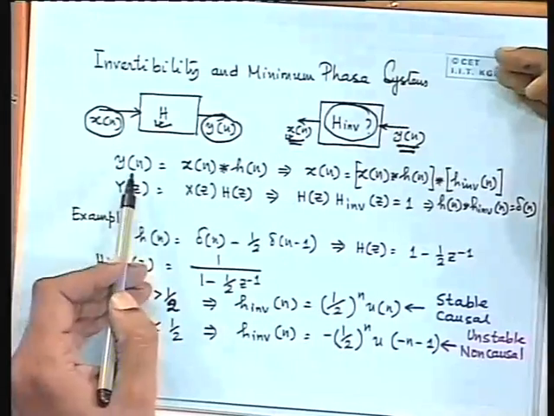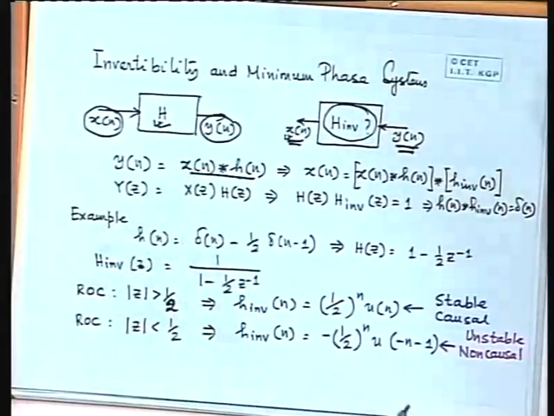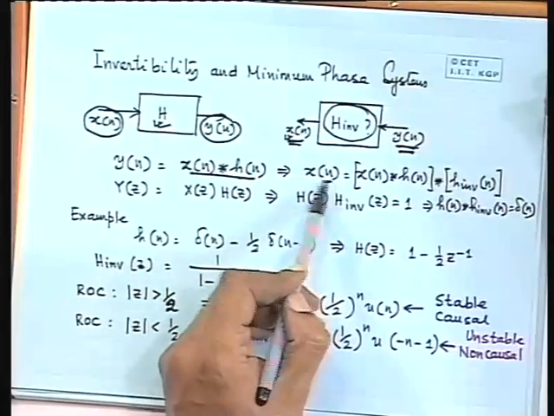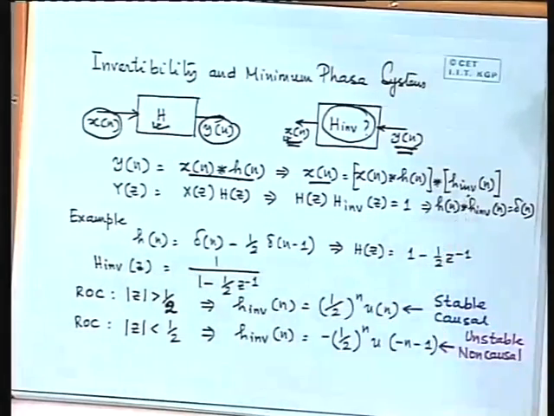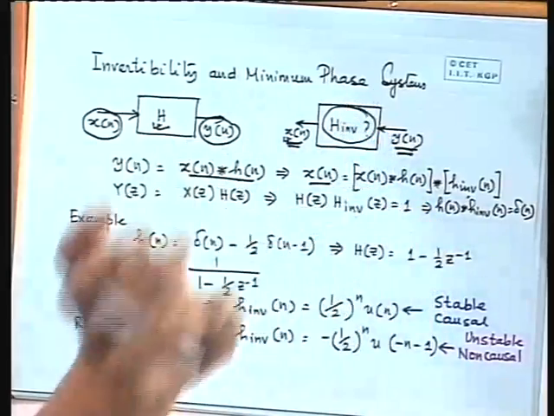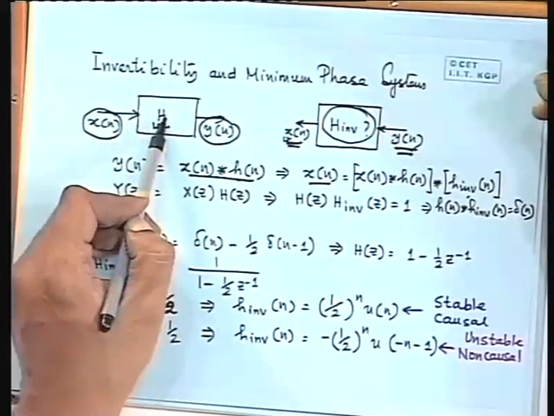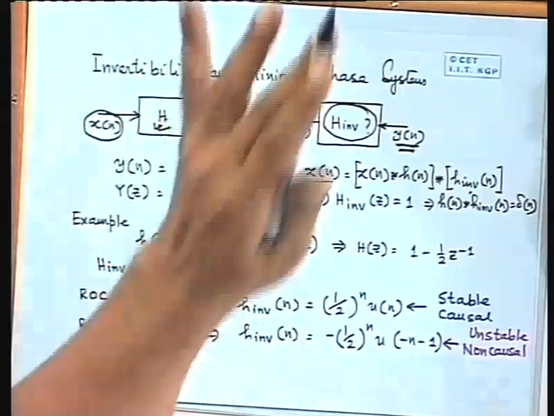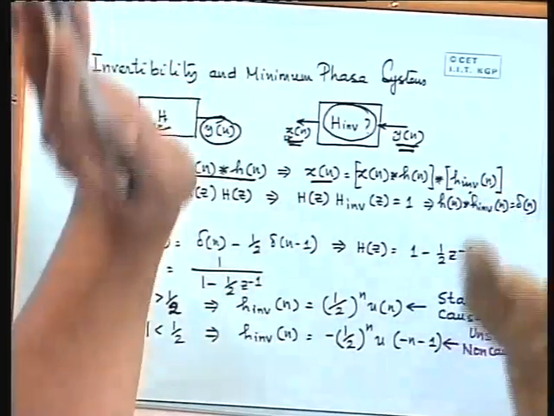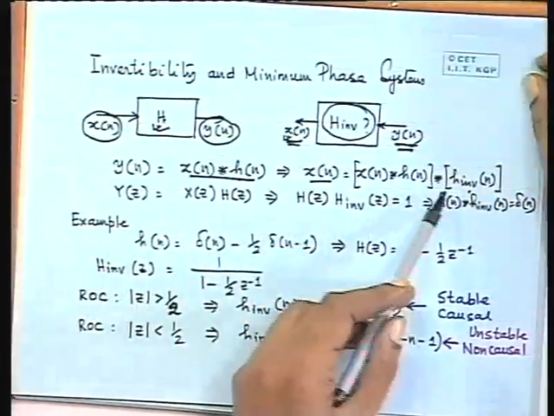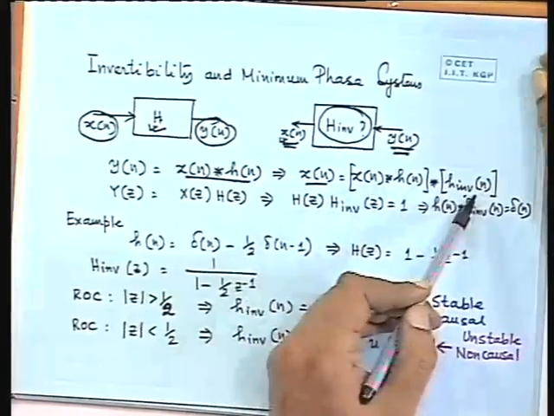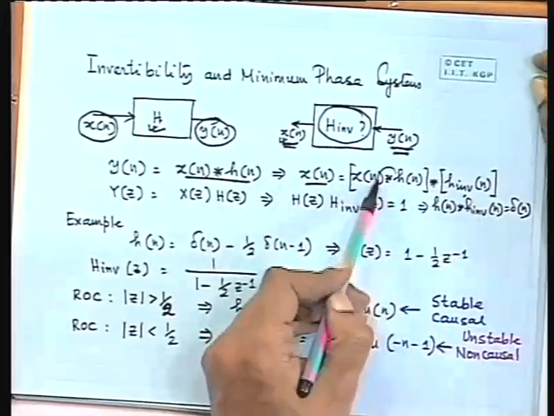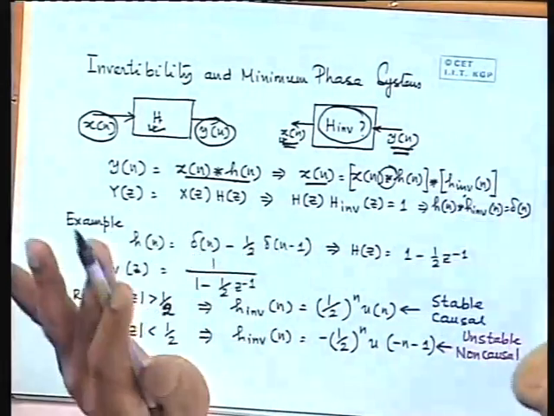So y[n] is x[n] convolved with h[n], and if the inverse exists, then x[n] is y[n] convolved with the inverse h[n]. Again, we are implicitly assuming that if H is linear, H inverse will also be linear. It so happens that if H is linear and if H inverse exists, it is going to be linear also. Now, this double convolution is a bit confusing, because this star is misleading, it actually means a summation.